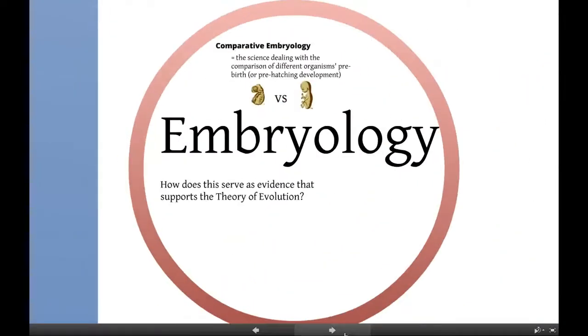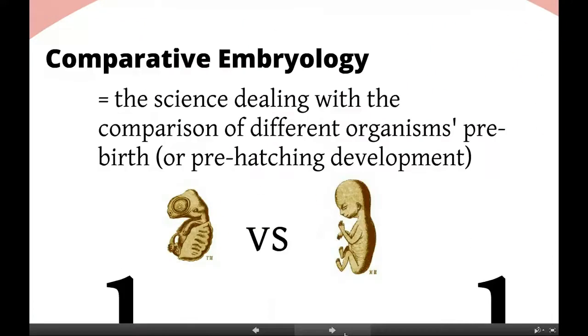So comparative embryology is the science of dealing with the comparison of different organisms' pre-birth or pre-hatching development, or the study of the embryo. As you notice here, on the left we've got a drawing of an embryo of, I hope you can guess, a turtle versus a human. And you can see that they are different, but there are some major similarities.